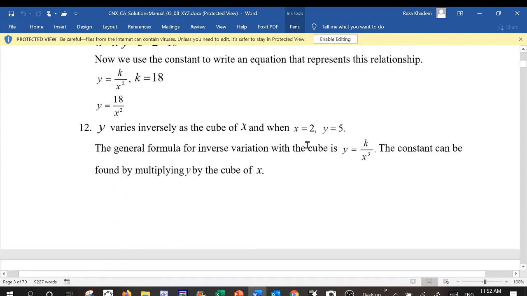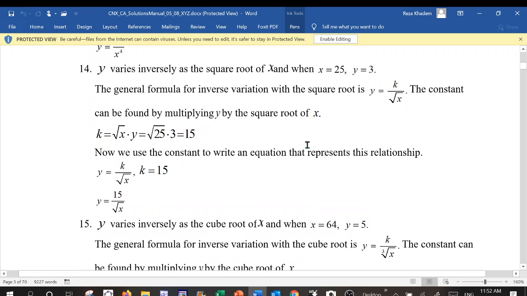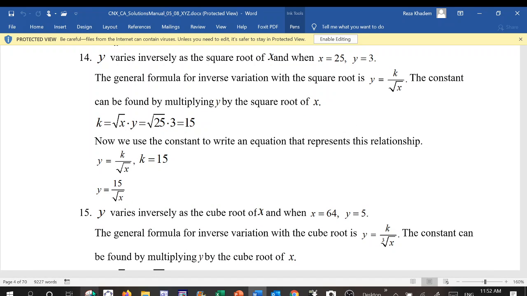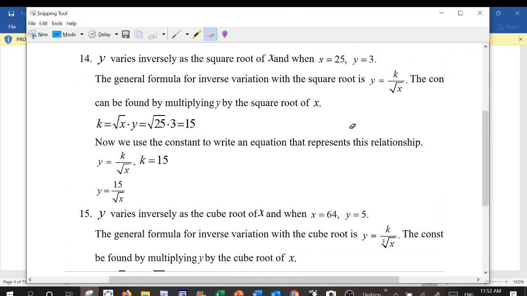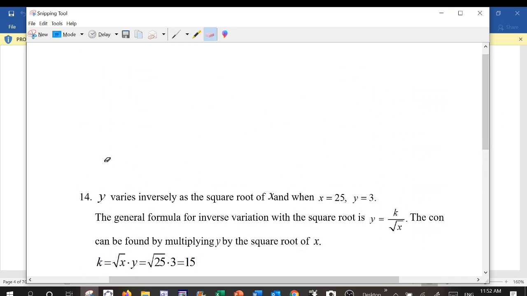Now let's do another one. Let's do number 14. Now here we are told that y varies inversely as the square root of x. So y varies inversely not as x, but as the square root of x. And when x is 25, y is 3.